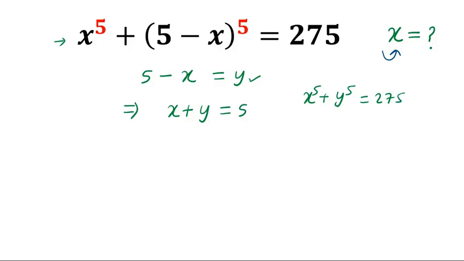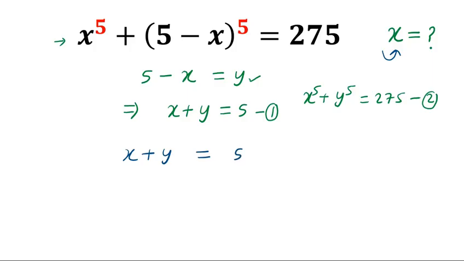Now we have two equations. This is equation number first and this is equation number second. Equation number first is x + y = 5, and equation number second is x^5 + y^5 = 275. Now x + y = 5.